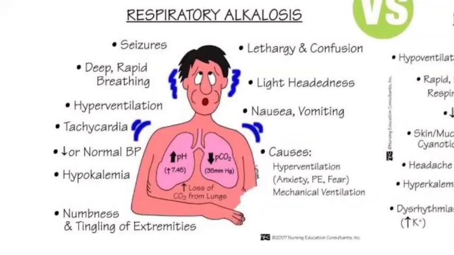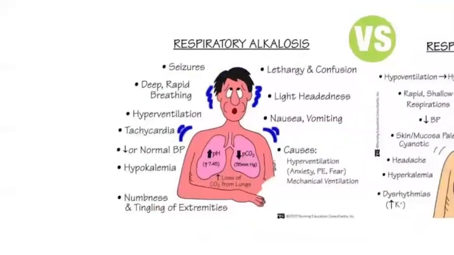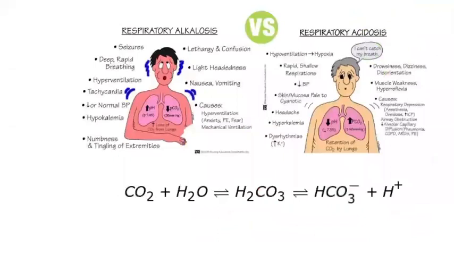Now, let's understand why having respiratory alkalosis is a result of decreased CO2 levels. As you can see, the pH goes up. It can go up to 7.45, and it can be dangerous depending on how high your pH goes in your blood. So again, this is a buffer system that we have in our blood.